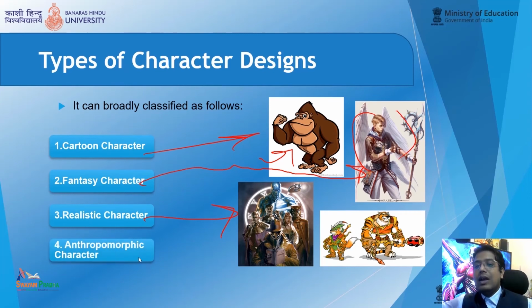And the last one is the anthropomorphic character. So we can divide character design into 4 major segments: cartoon, fantasy, realistic, and anthropomorphic characters. Fine, so moving on.